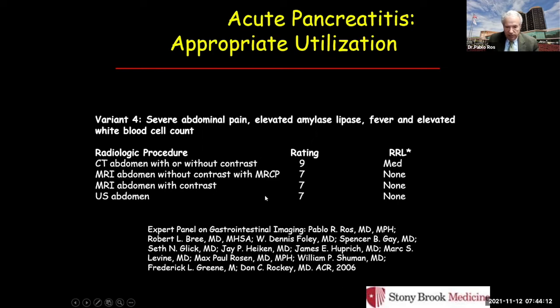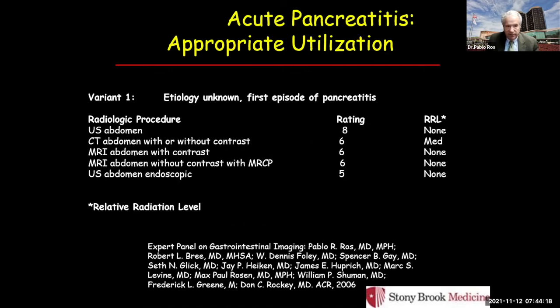But I also want to mention that for less severe pancreatitis, variant 1, with the first episode of pancreatitis and known etiology, it is suggested that ultrasound may be very helpful as the first pass, because the RRL is none versus CT, which is medium depending on the age and overall conditions.